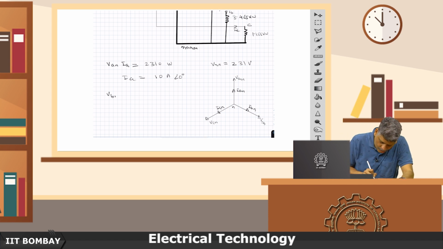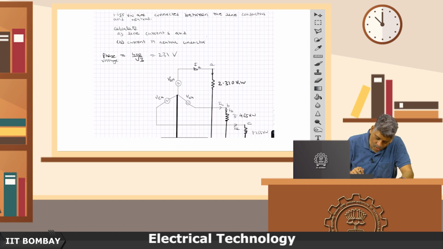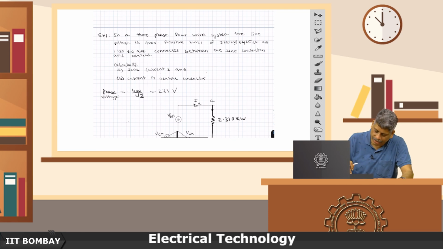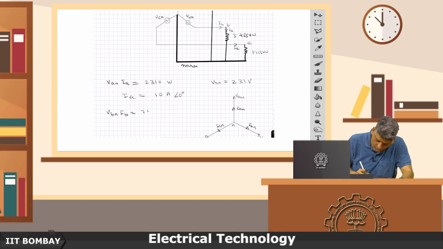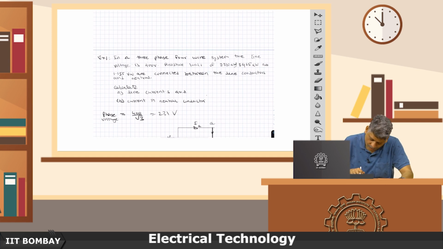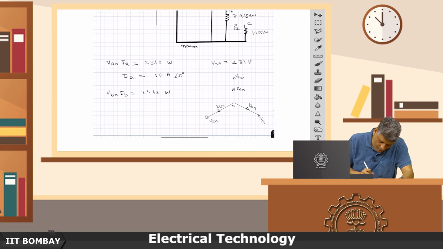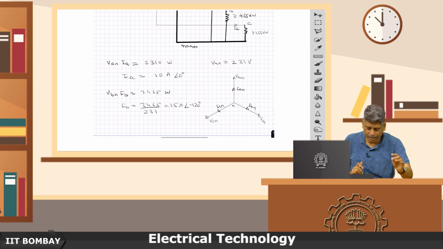Now, VBN into IB is equal to how much? I am just writing in terms of magnitude. The phasor diagram I have already sketched for you. This is 3465 watts, and so IB will turn out to be 3465 watts divided by 231, and this is going to be 15 amperes, but at an angle of minus 120 degrees.